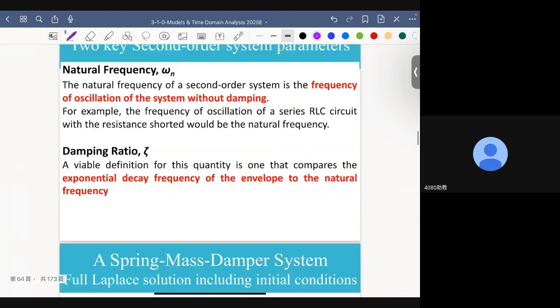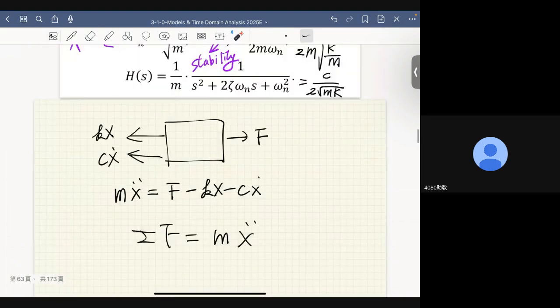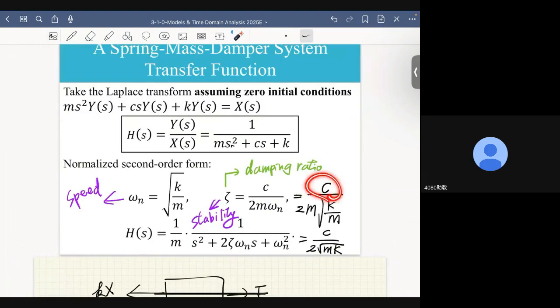Speed and stability. So two key parameters of second-order systems: one is natural frequency and the other is damping ratio. Now, don't confuse damping ratio with damping coefficient. Okay, they are of course proportional to one another, but they are not the same thing. This is the damping coefficient. This is the damping ratio.